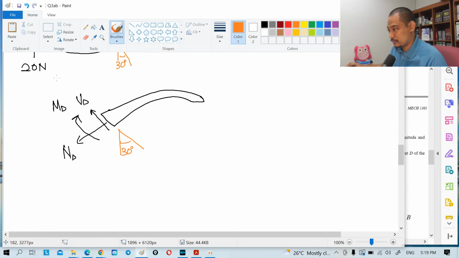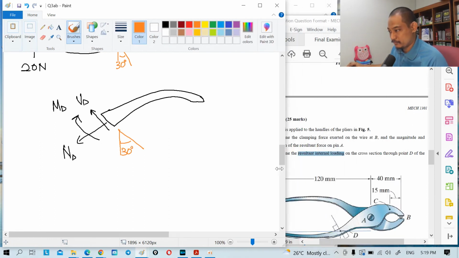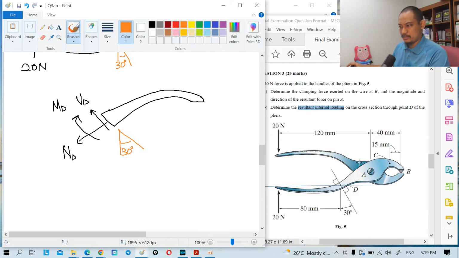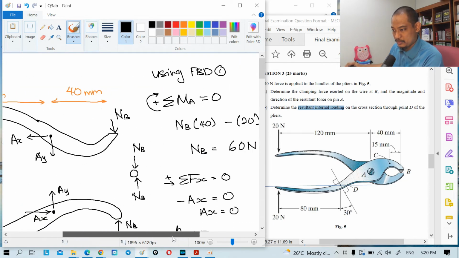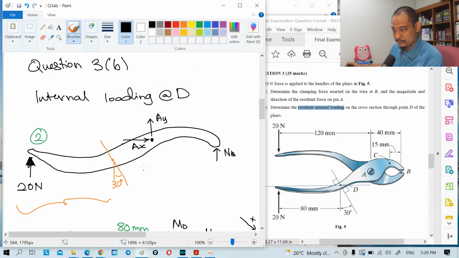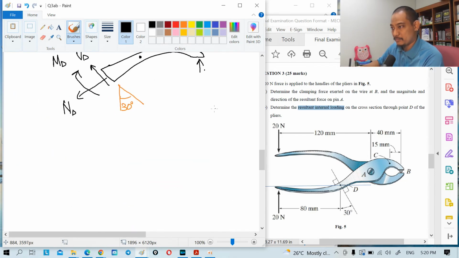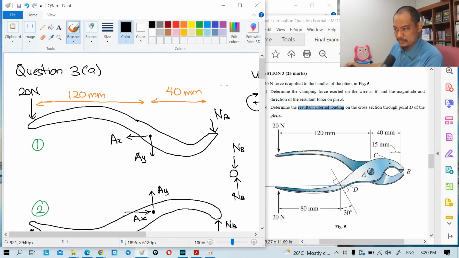Correct. Let's see the original diagram. That's slanting, right? So it's something like that, where you have point A here, and B here, where NB we have already determined to be 60 Newton, and AX is 0, right?